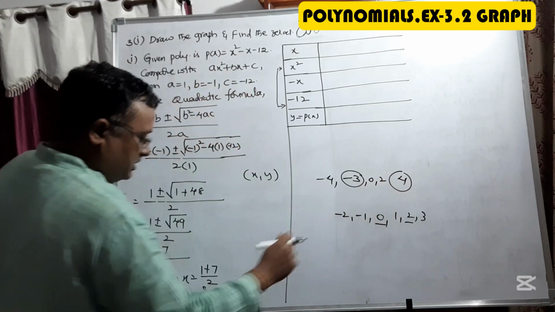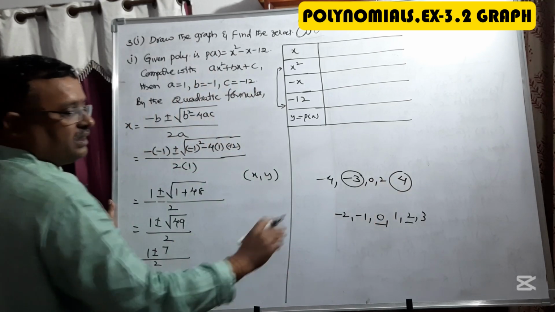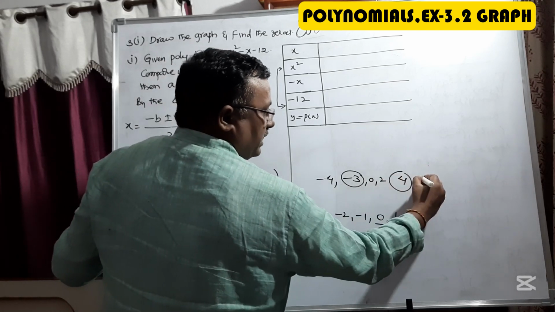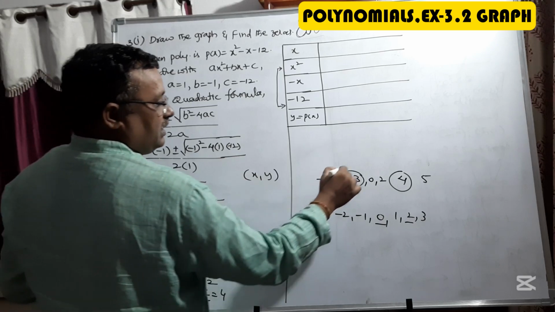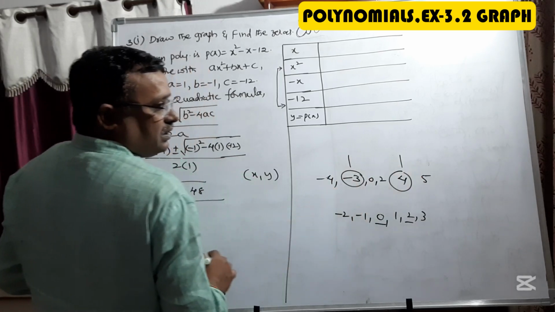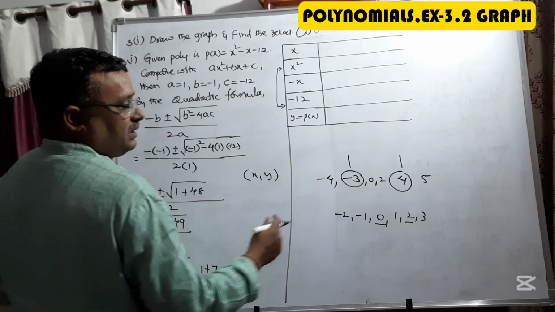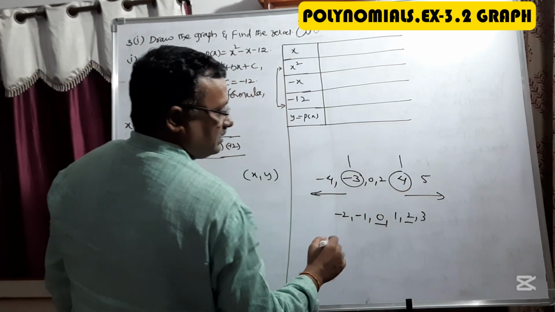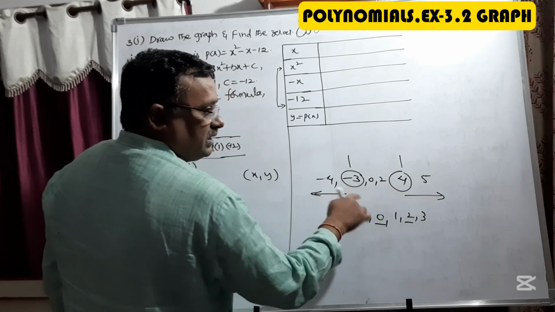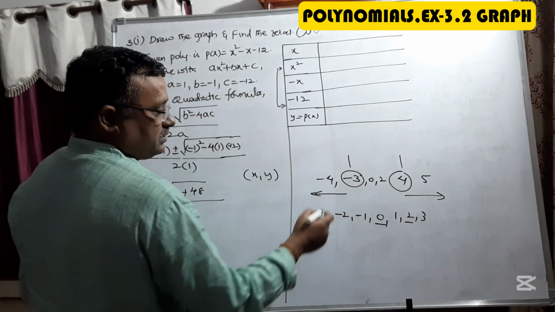4 is the bigger zero. Bigger than that, you take one more. So what is the logic here? If these are the two zeros of the polynomial, take one value less than the smaller, one more than the bigger, and in between them choose one or two values.